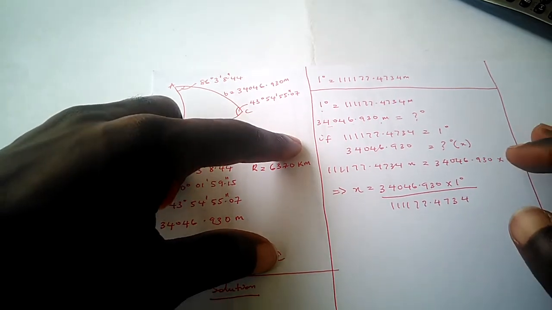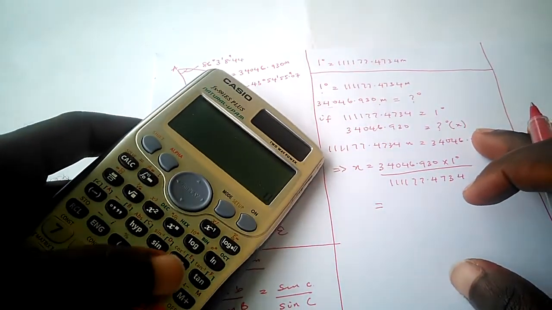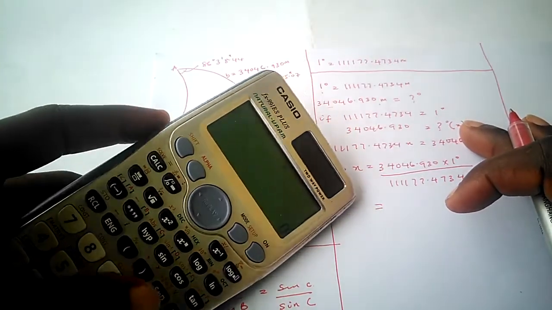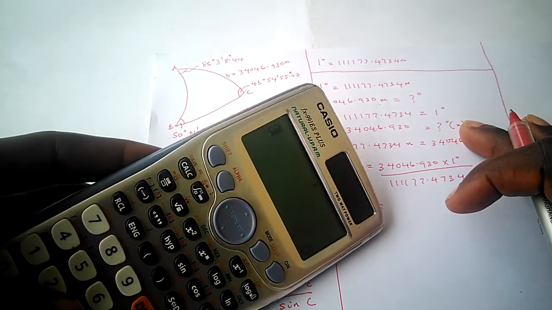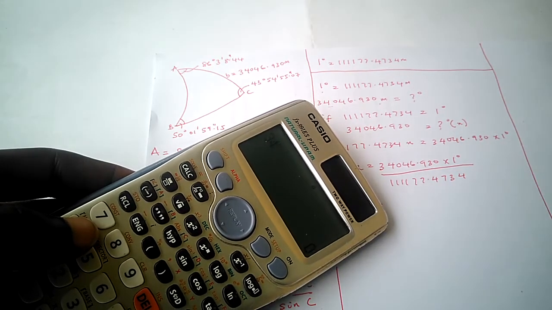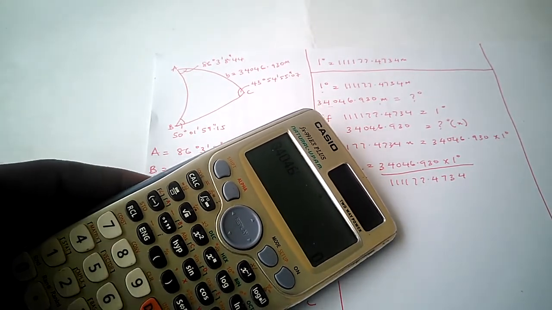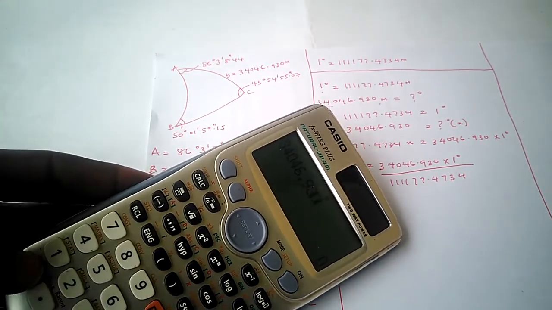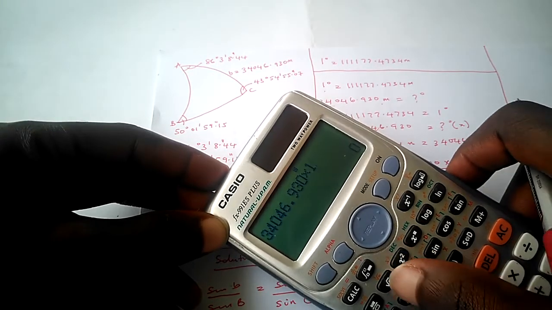Alright, so now let's go to our calculator and finish it up. We are now going to input those values on our calculator. We have 3, 4, 046.930 multiplied by 1 degree.